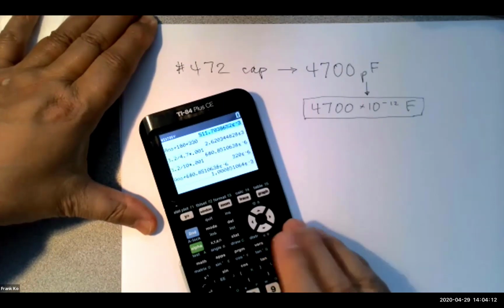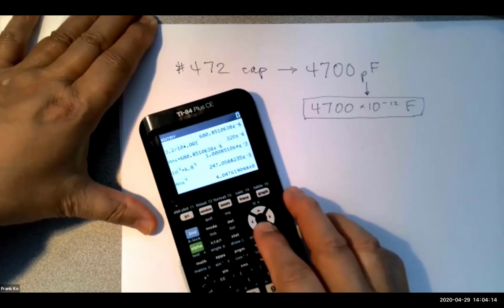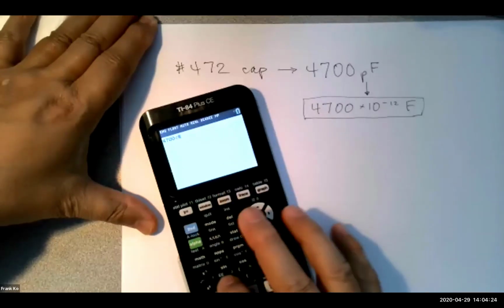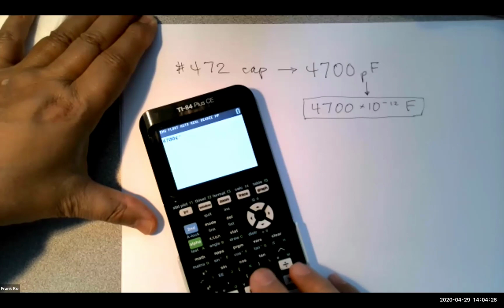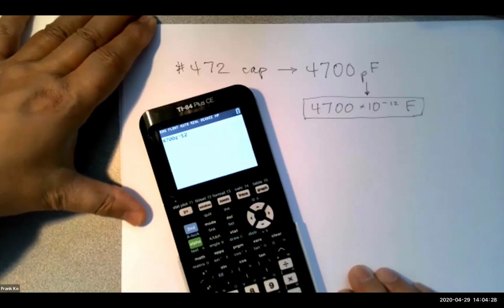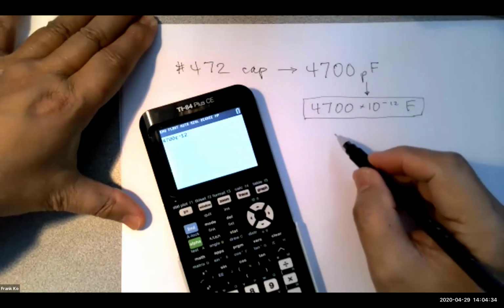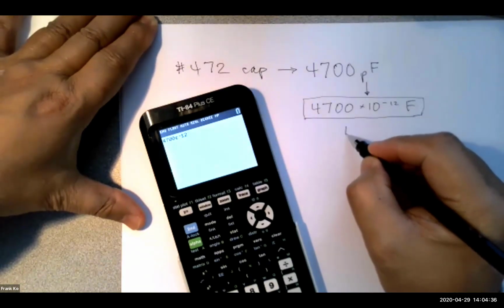So 4.7. Not quite. It's not just 4.7. I need something there. Tell me what I need. Nano. Nano what? Farads. Okay.